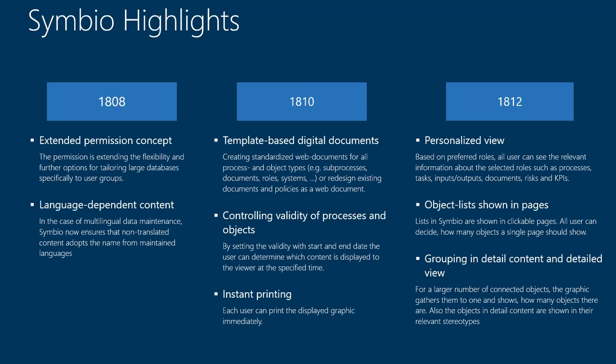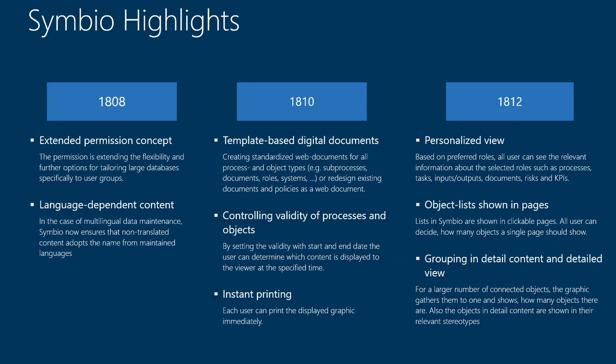You will get the release notes definitely by next week. So here we have the personalized view, the object lists, and the grouping. And here I will give you an overview how the features are, and also the benefits of them.